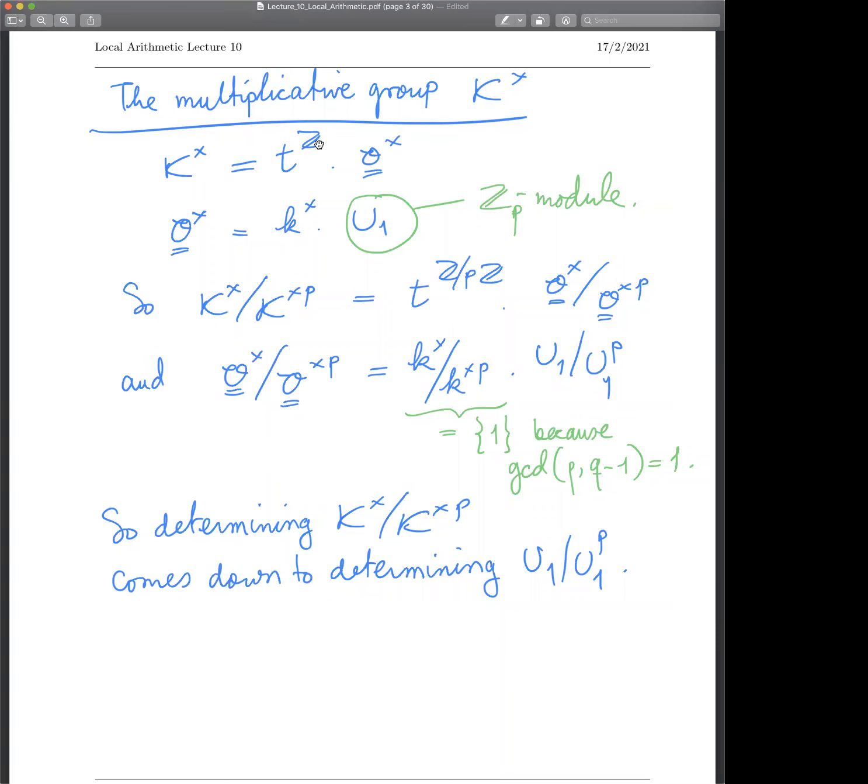Although we are in characteristic p, K has characteristic p, and all these, not O star, O, O is an F_p space, but this O star has this subgroup U1, which is a Z_p module.